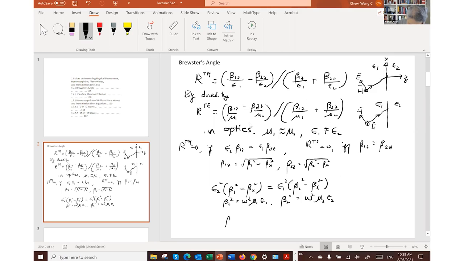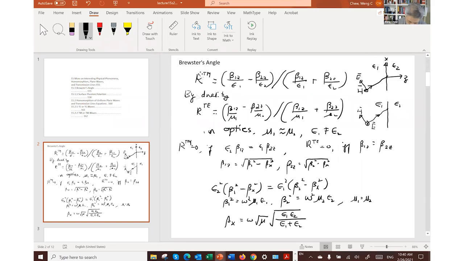You can actually solve it and show that beta x, after you bring them to one side, and you can assume that mu 1 equals mu 2, is given by this expression over here. You can do this at home if you want to. But this gives something quite interesting.